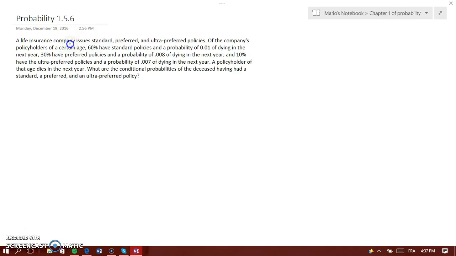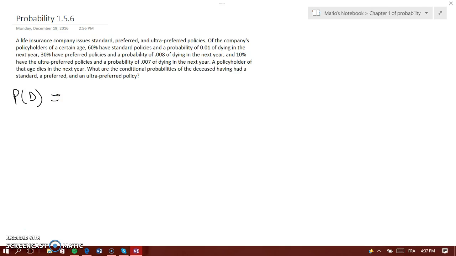So first we need to find the probability of dying. The probability of dying is equal to the probability of everything.